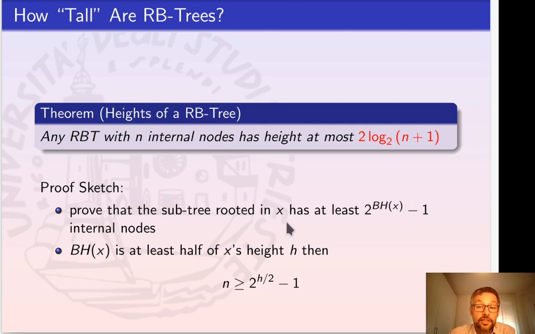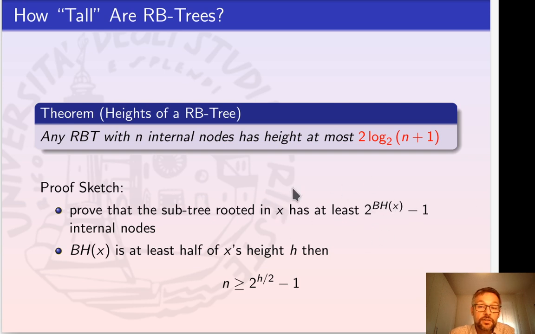If I'm dealing with something which is not a leaf, well, of course its right subtree and its left subtree have black height equal to the black height of x minus 1, so I can apply the property by induction, and I end up proving this property, basically.